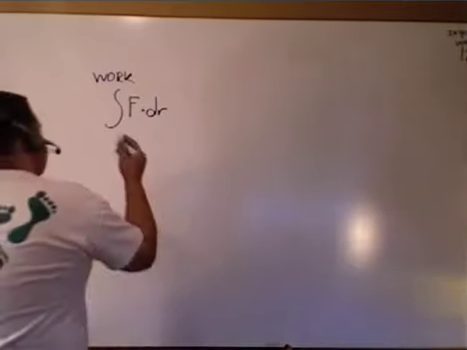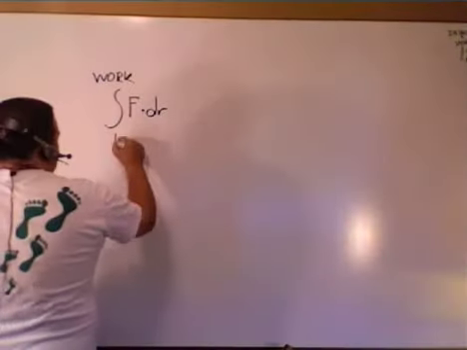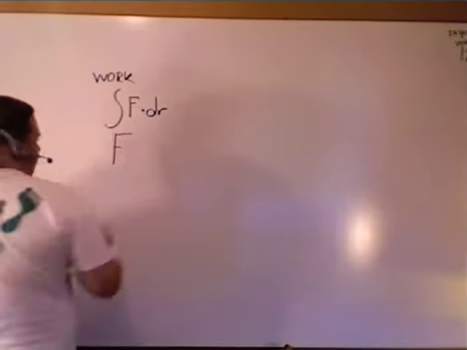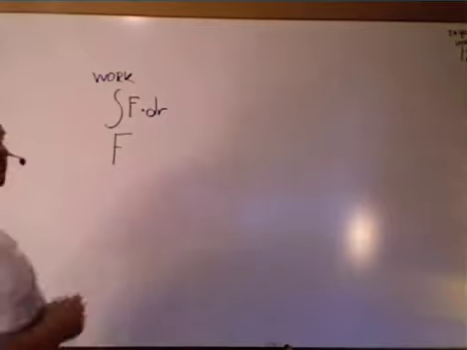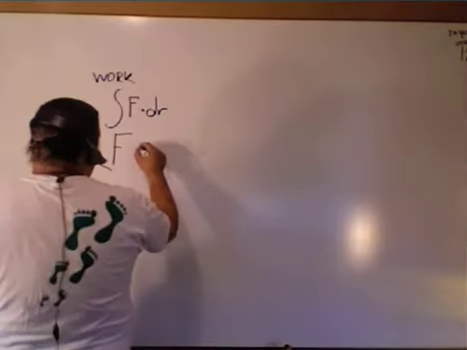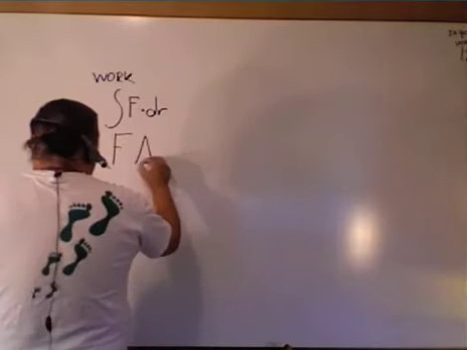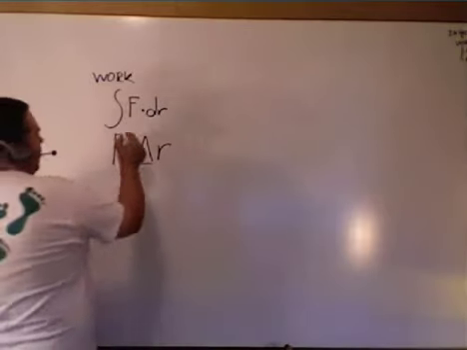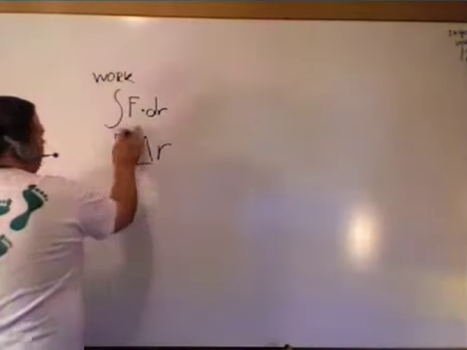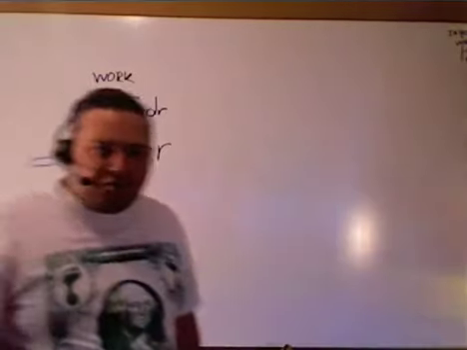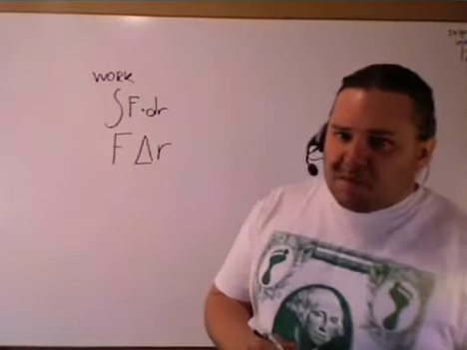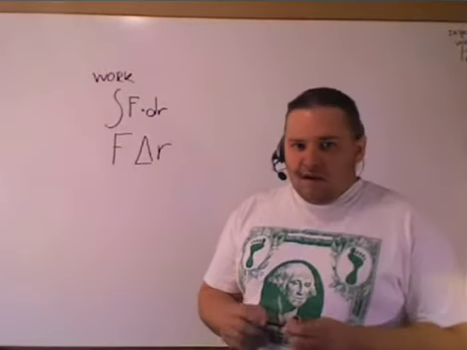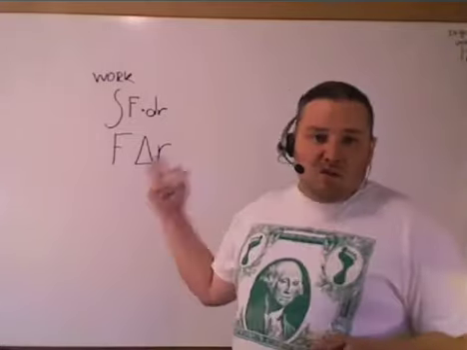So simplified, after I take an integration for most forces, not for all, but for most forces, that turns out to be force times displacement. And remember, we're concentrating on forces and displacements that are in the same or in opposite directions. Nothing that's perpendicular to each other. Okay, so that is the definition of work.